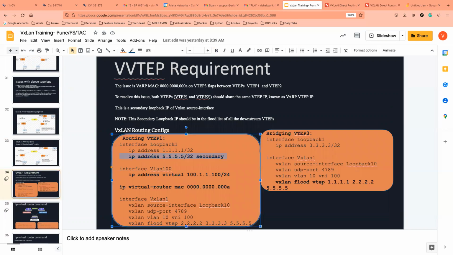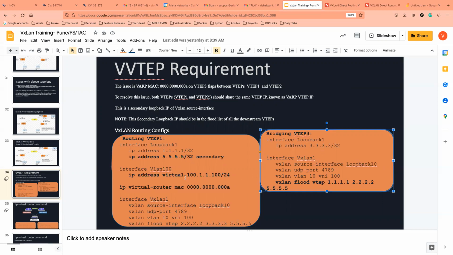So this is how we will configure virtual VTAP IP address as a secondary IP address, right? And this is bridging VTAP, where we will not configure virtual VTAP IP, secondary IP, right? And also flood list, we will make sure 555 is configured. And if you see another difference, VTAP 1, which is routing VTAP, we have VMAC, virtual MAC configured, which is not configured here, right?